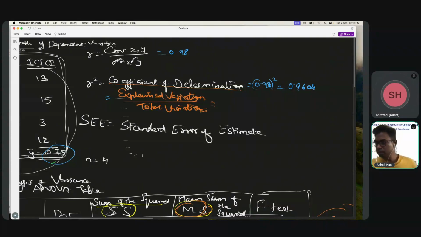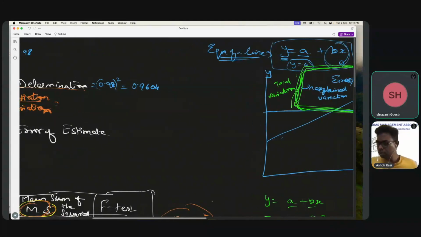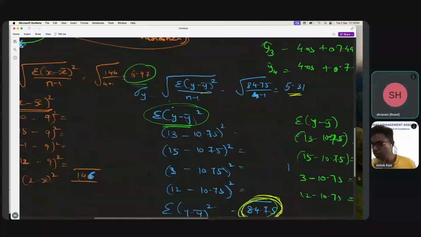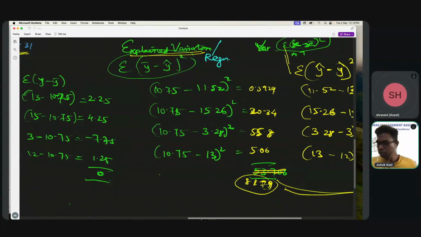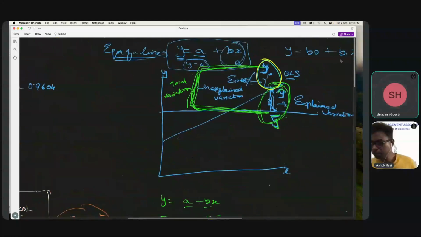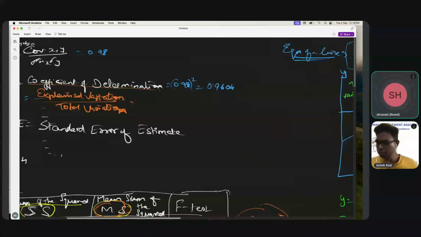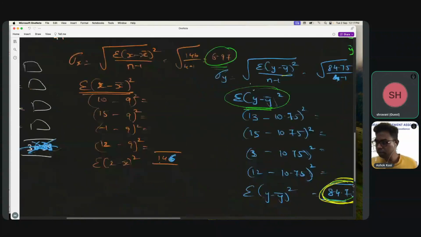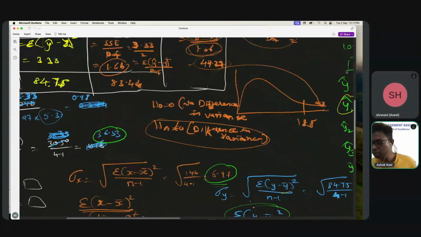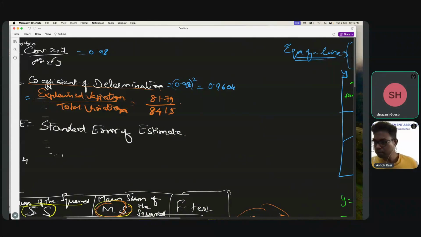Explained variation is 81.79, and total is 84.15. So 81.79 divided by 84.15 is 0.971, so I'll write 0.96.